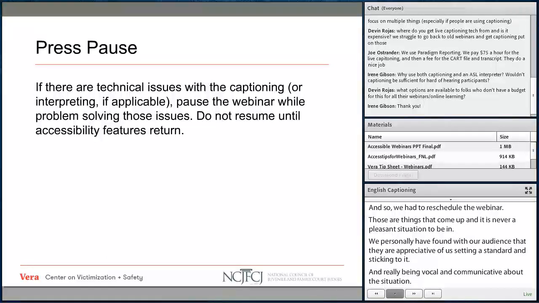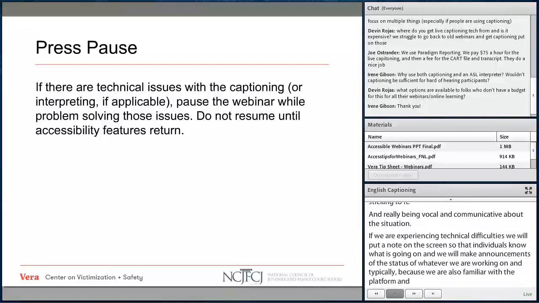We'll make periodic announcements of the status of whatever we're working on, and typically because we're all so familiar with the platform and with the accessibility features, we're able to resume within 10 minutes, and if we can't, we will go ahead and call it and cancel it, and then reschedule it for another day. Those are hard decisions that you have to make, but when you really value access, it's something that you really need to take a stand on.